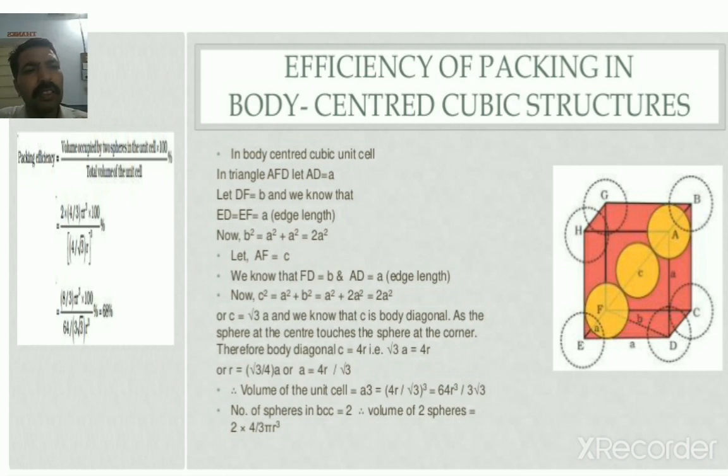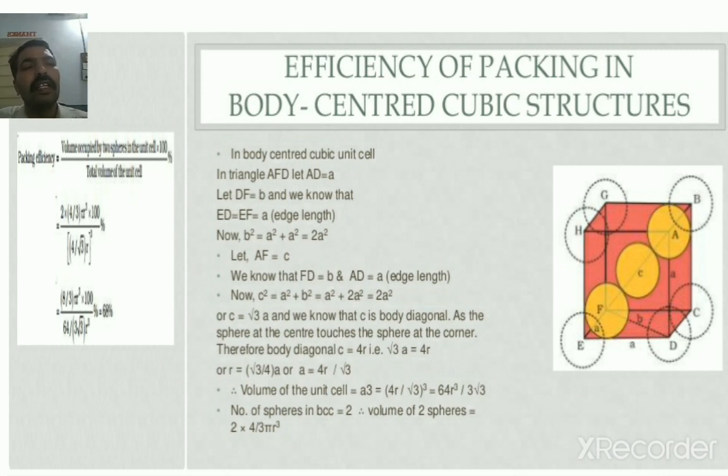Consider AF as c. c square is equal to a square plus b square, and b square is equal to 2a square, so c square is equal to a square plus 2a square. c square is equal to 3a square, and c is equal to root 3 a.